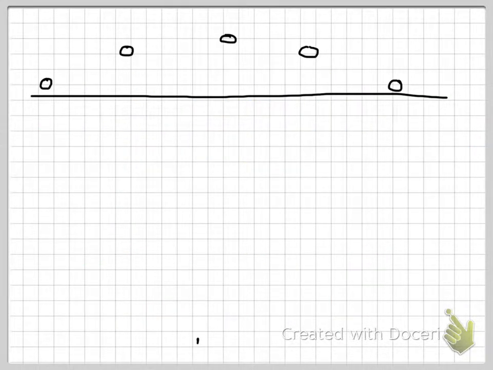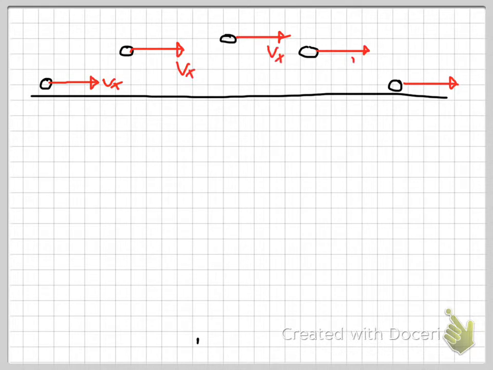So for a projectile, a simple picture might look something like that. Remember that the horizontal velocity is always constant. So if I were to ask you to draw the velocity vectors on there, they would all be going forward like that. Call those all Vx.